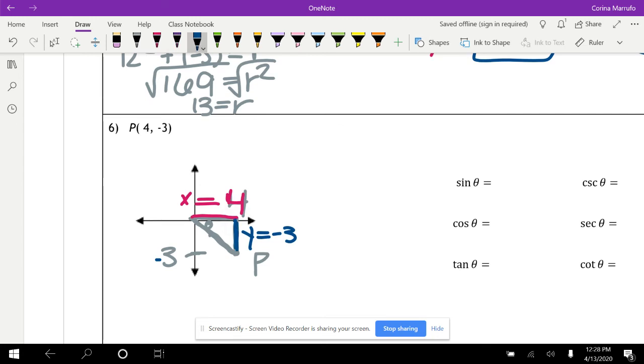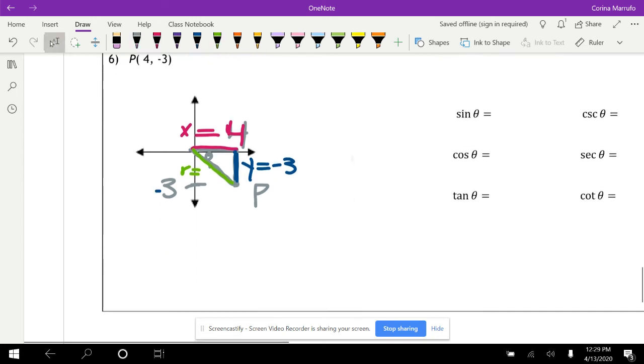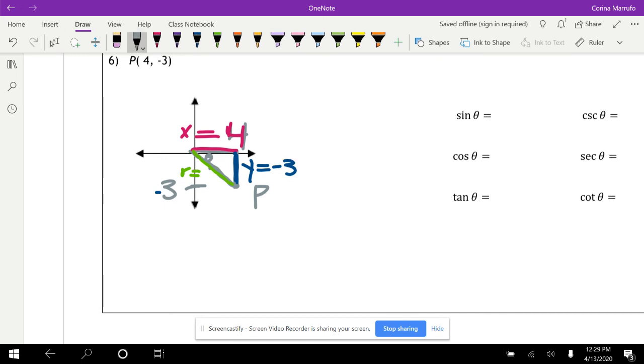And so all we need now is what we call the radius, so from here to here, which is r. And so we find that using a squared plus b squared equals c squared. So I'm going to go ahead and do that right here. So a squared plus b squared equals c squared.